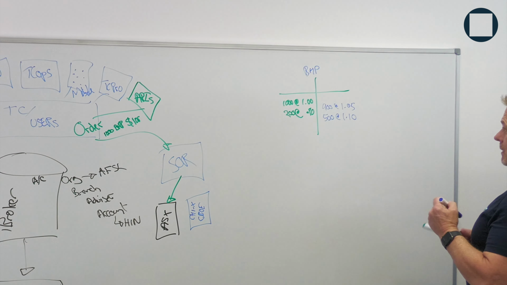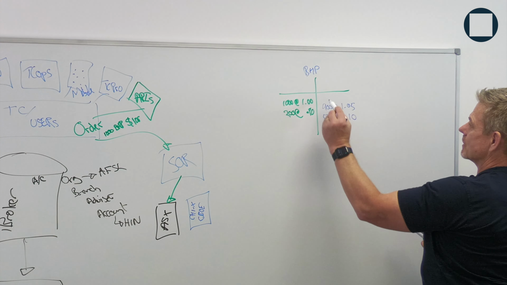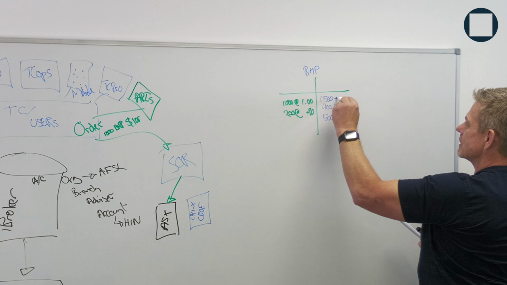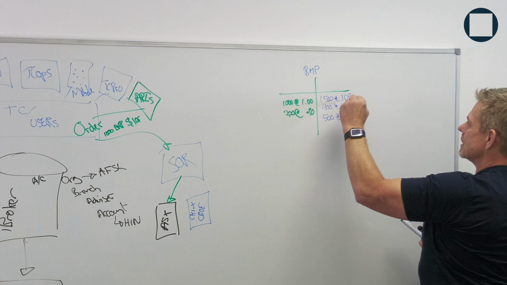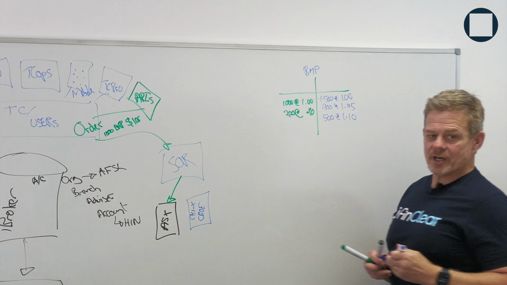And then along comes another person, and they go, you know what, I'm happy to sell 1,500 BHP at $1. So we have a match here, and this is what these exchanges are doing.